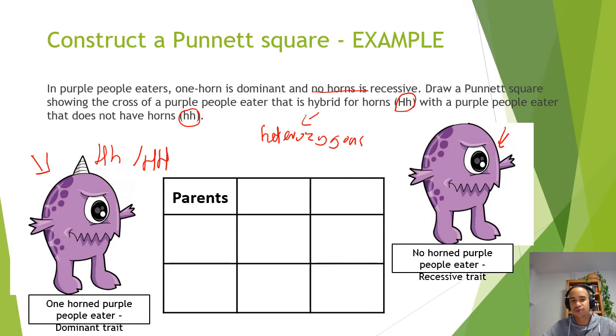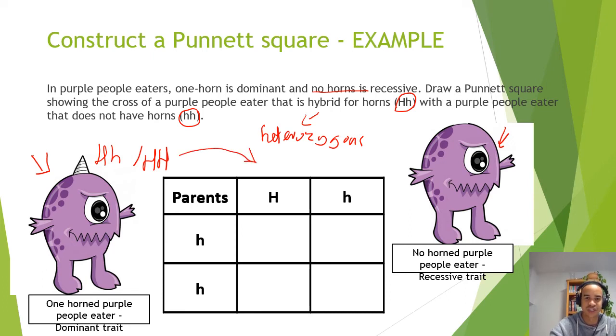Okay, so now we've got to go ahead and fill in our Punnett square. So the first thing we do is we take our parents, and we're taking this purple people eater here, the one with the horn, who's heterozygous, and we're filling in their information there, H and h. And then we're taking our other homozygous recessive purple people eater, and we're filling in their information on the side.